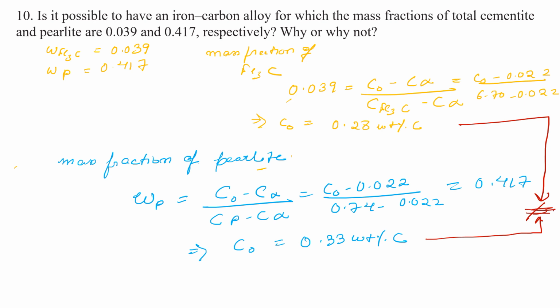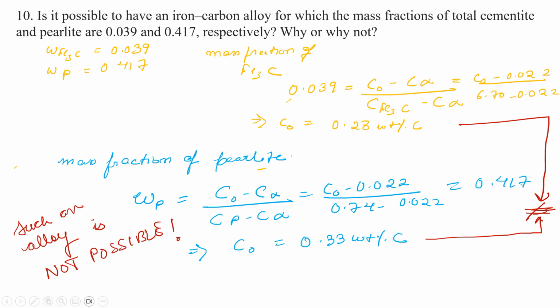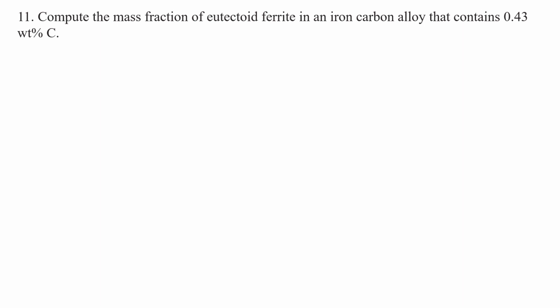That tells us that such an alloy is not possible that can simultaneously satisfy the total mass fractions of cementite and pearlite as given here. So such alloy is not possible. So coming over to the next question.